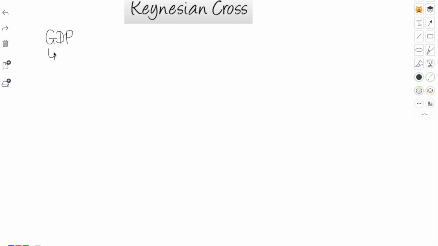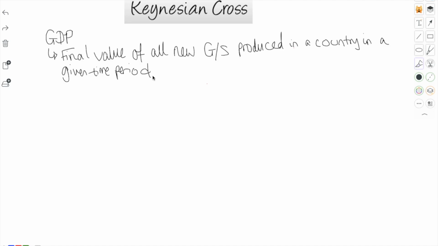So GDP, the way I like to have the definition down is as the following. My definition of GDP here is the final value of all new goods and services produced in a country in a given time period. And there's a few things I'm going to hopefully underline for you.